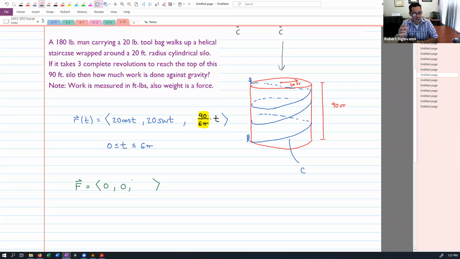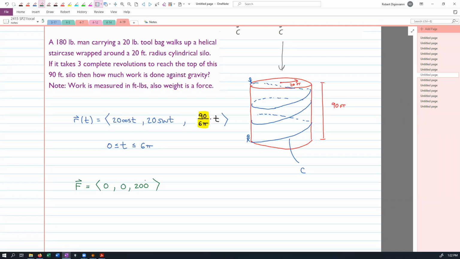Your weight is a force. So this is 200, the vector that points straight up, opposing the gravitational vector going straight down. The only force at play to overcome gravity is that our field needs to be a constant 200 directed straight up as we move along the curve. Does that make sense, everyone?